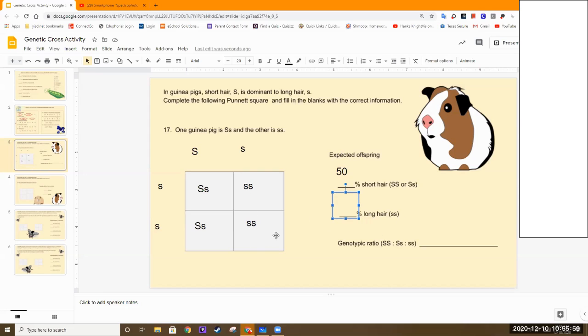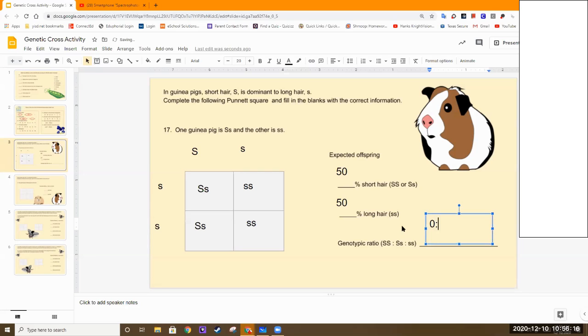There's 2 out of 4 too, which would be 50. For the genotypic ratio, do we have any in our little 4 boxes that are capital? None of them, right? If you look here, there's none that are capital. So we would have 0 for big S, big S. We would have 2 for big S, little s. And then we would have 2 for little s, little s. Okay?